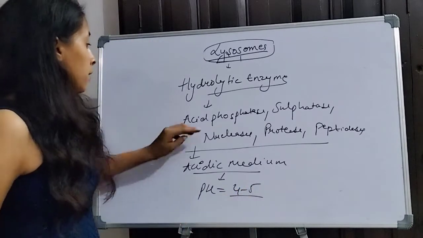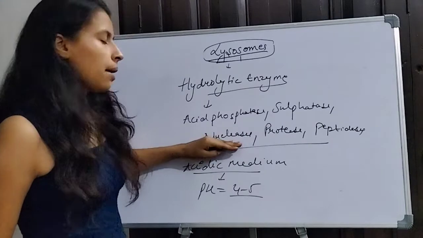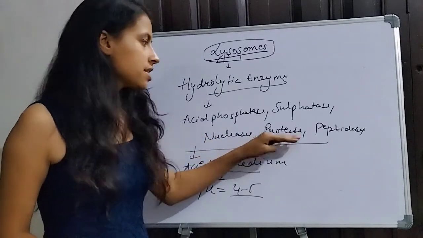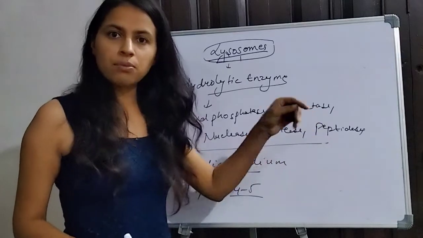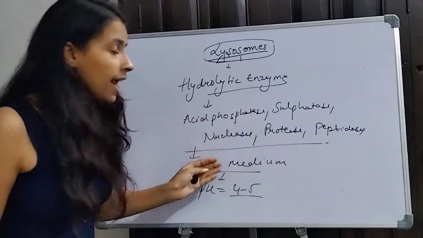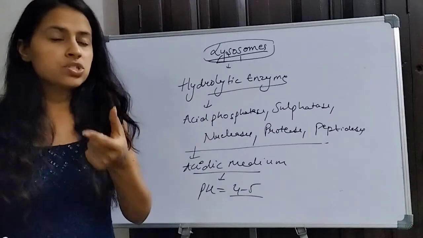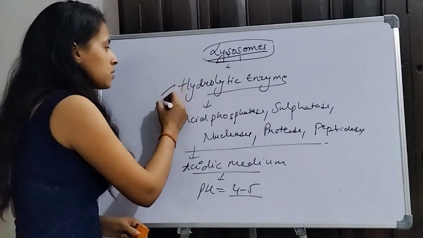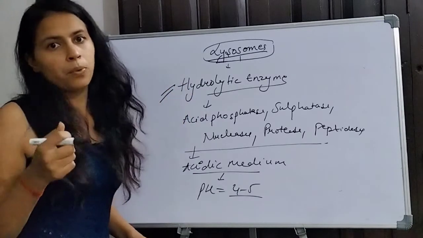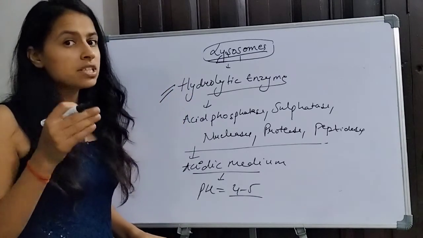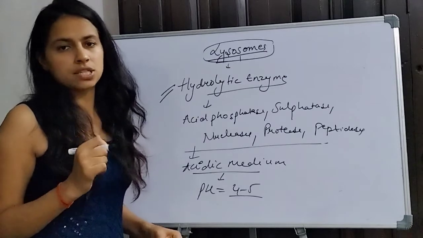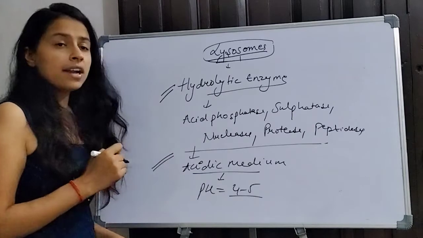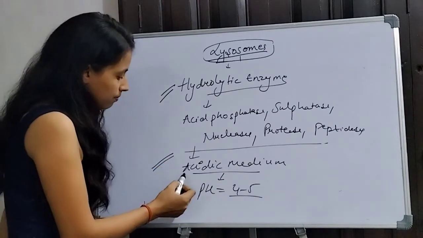Okay. For example, the nuclease enzyme digests nucleic acids, the protease enzyme digests proteins, peptidase enzymes digest amino acids. Like that, there are carbohydrases which digest carbohydrates, and many more. So these are the enzymes which digest your food components, those present in your food material or substances. So a question arises here: how is the acidic medium of lysosomes created?